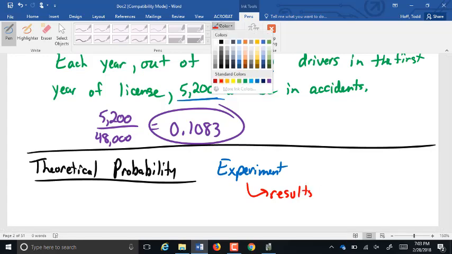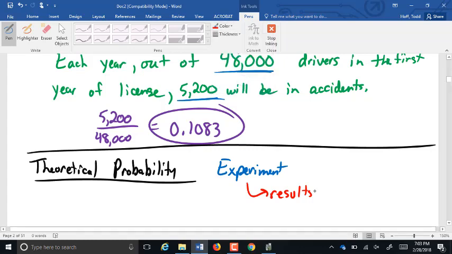Those results can be divided into either successful or not successful. We could say success and failure, but that's just not a nice way to put it.